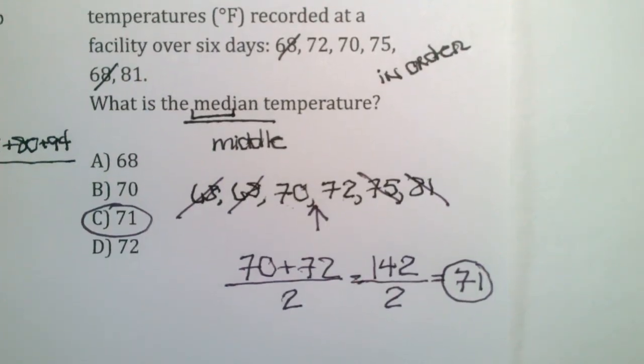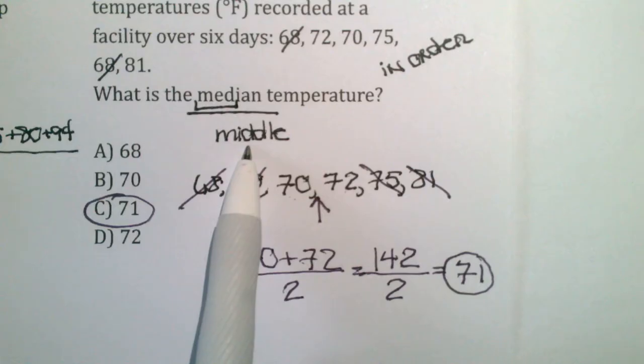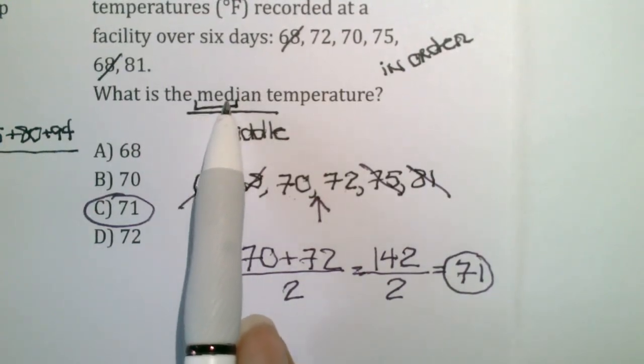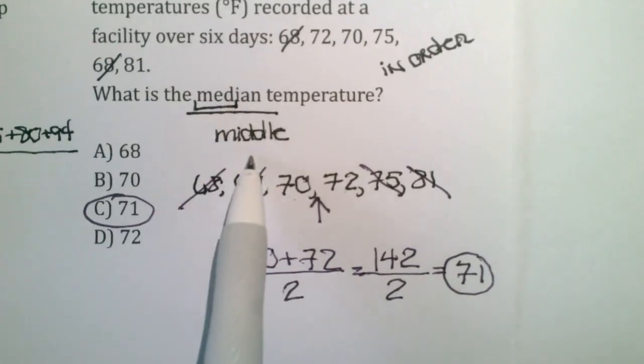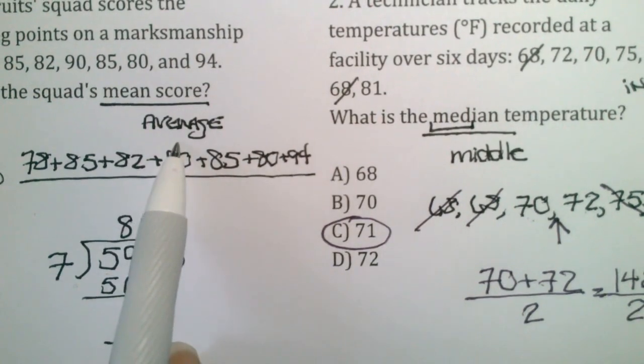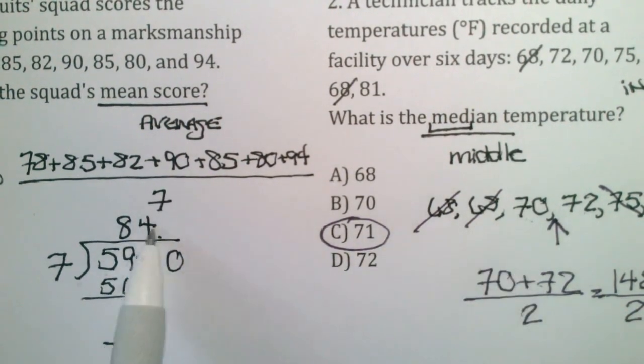Okay, so that's basically what you're doing. Median, middle. Okay? I know it says MED. I was like mid, but median is the middle. Mean is your average. A lot of people get these two mixed up. Okay?